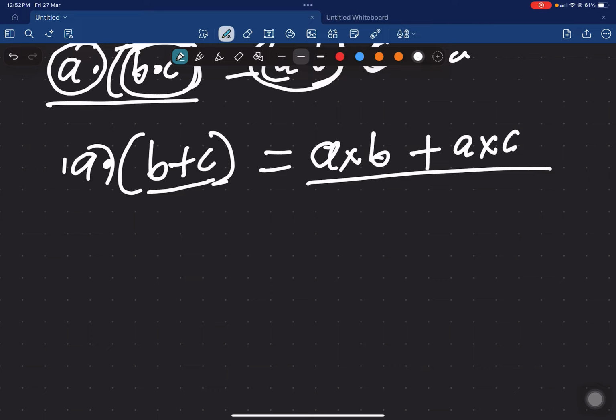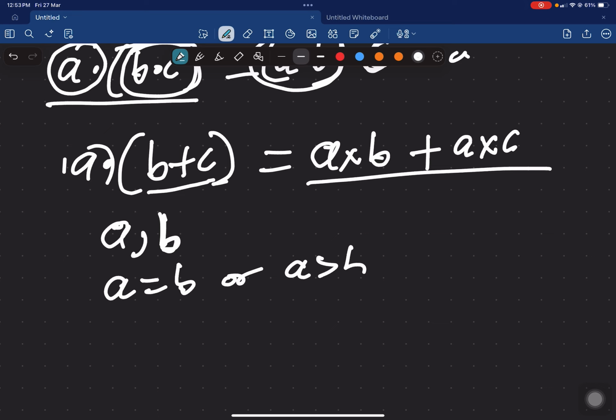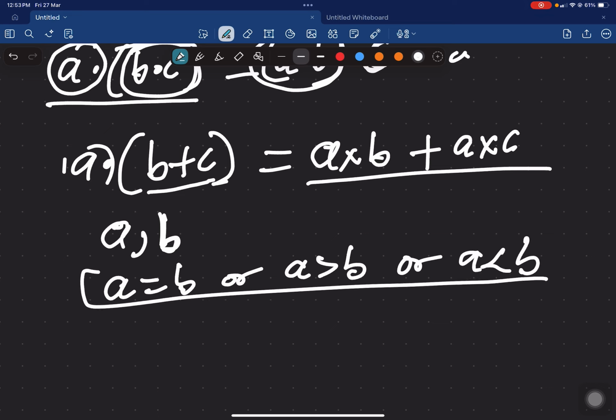The other laws also apply over here, like the trichotomy law and the law of transitivity. Now the trichotomy law, as we saw, when we have 2 integers a and b, one of these 3 cases holds: either a equals b, or a is greater than b, or a is less than b. Anything apart from this won't be valid, and it is always going to be the case.